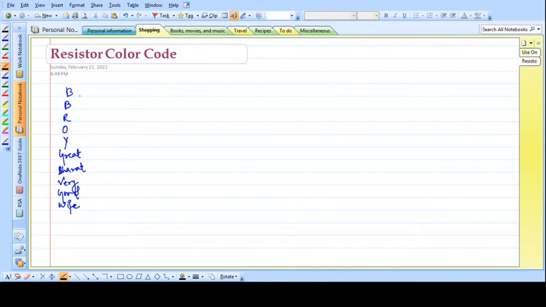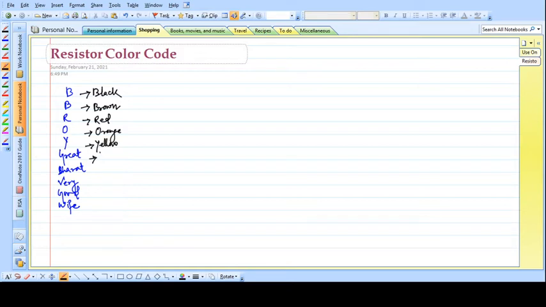Okay, so this B stands for the color black, this one for brown, and this one for red, and this one O for orange, Y for yellow.